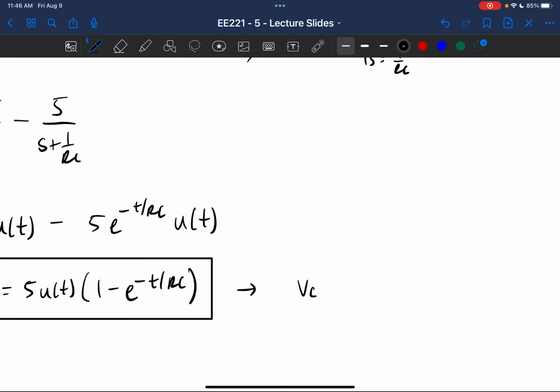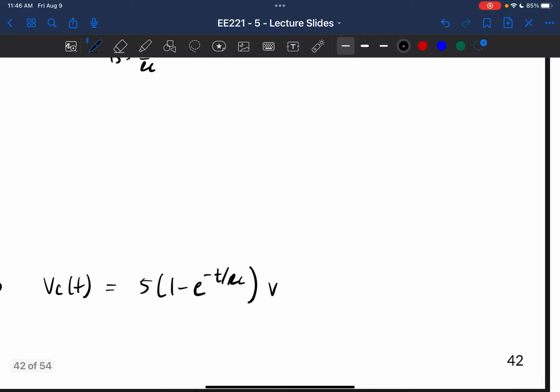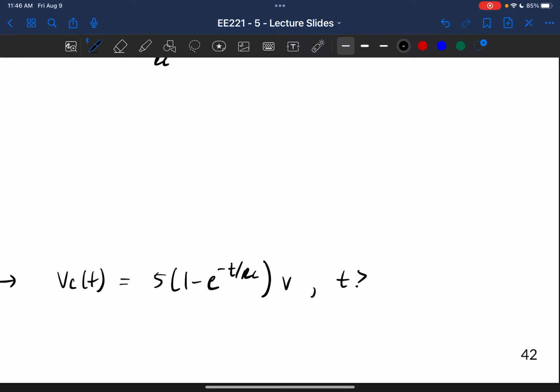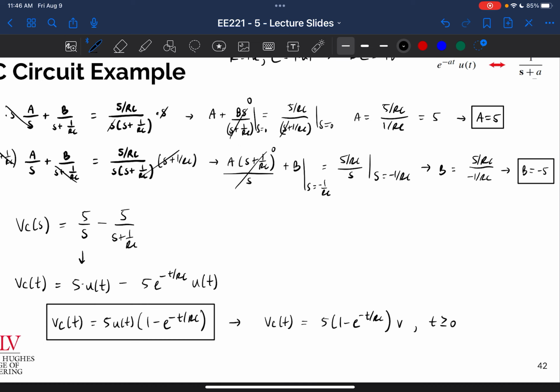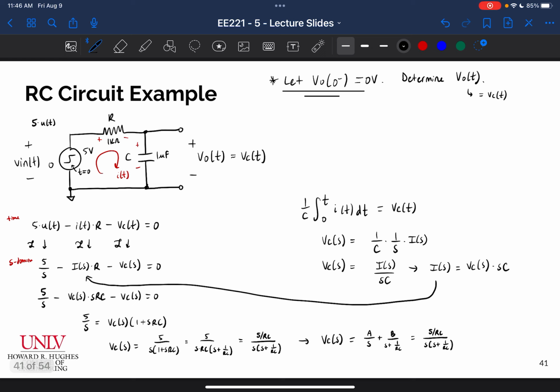So we can rewrite this as VC of t is equal to 5 times 1 minus e to the minus t over RC volts, and that's valid for t greater than or equal to 0 since I have the u of t in there. And this is our standard charging equation for an RC circuit, which is exactly what we should expect from such a circuit. And so we finished this problem.